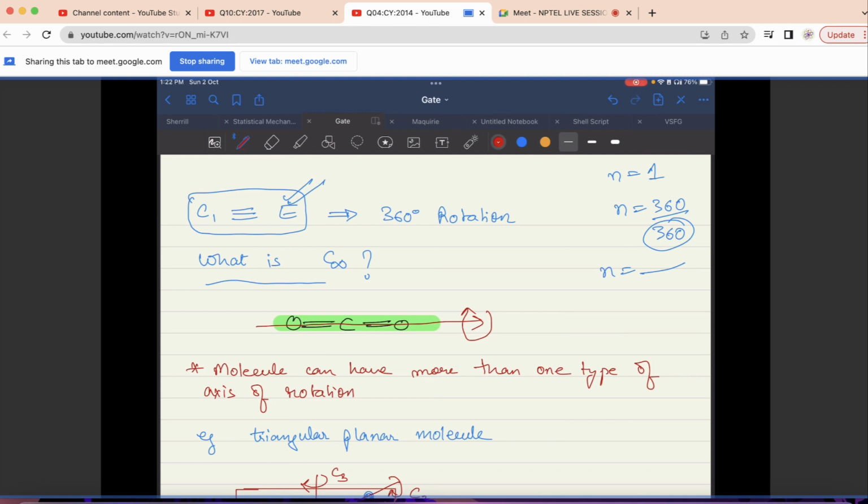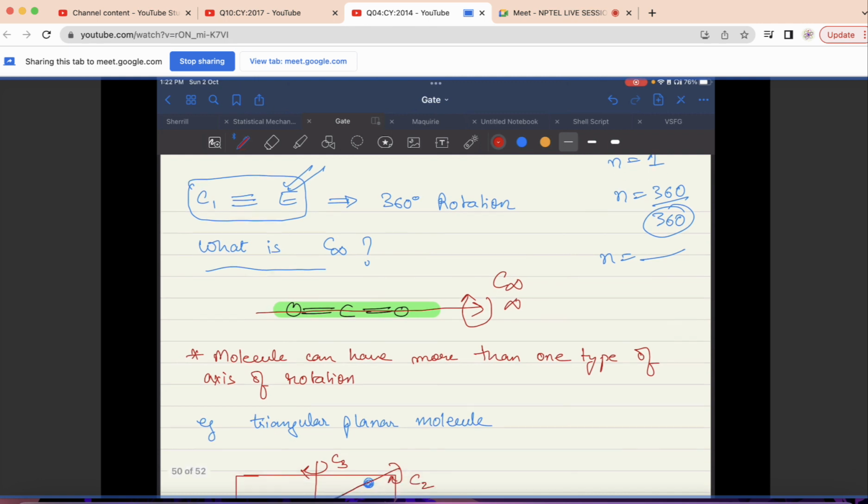So the order of the rotation for the symmetry element C axis has become infinite here. Okay, so this will be denoted as C infinite. Okay, and this is a highly symmetric molecule.